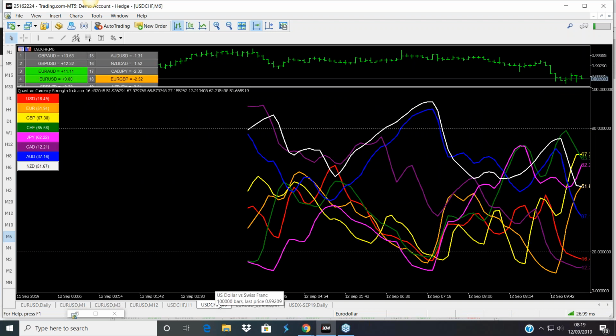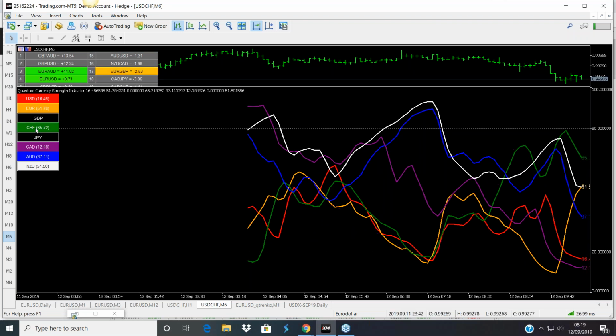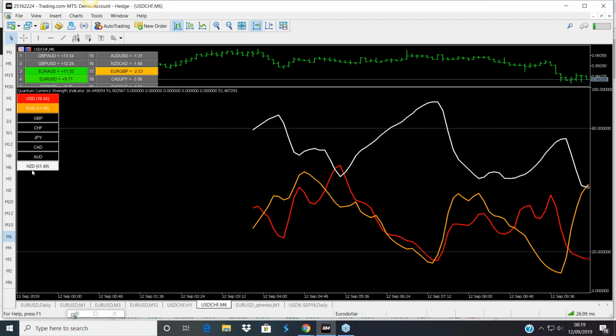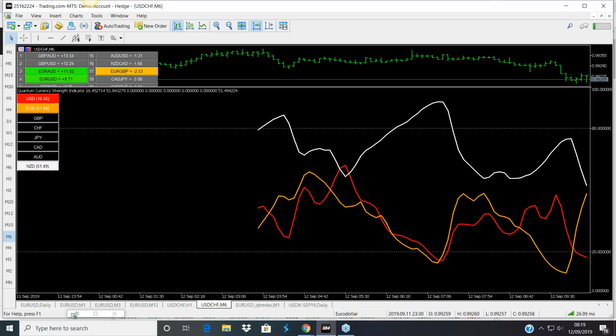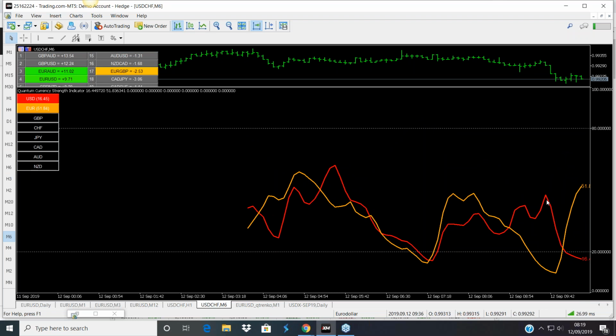It was also picked up on the CSI. This is actually the 6-minute CSI. You can isolate all the currencies out, so you can take out the ones that you're not particularly interested in, so you can track what's been happening with the euro. Let's turn that off. The euro and the dollar. The red line is the dollar.